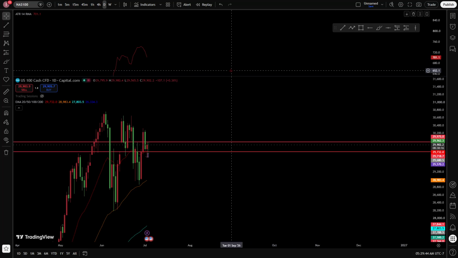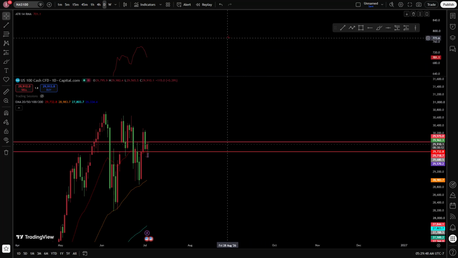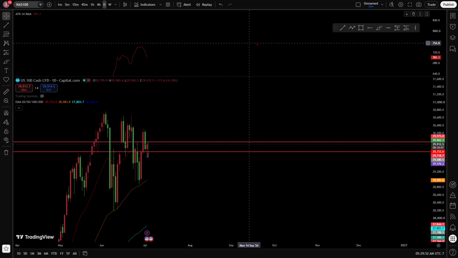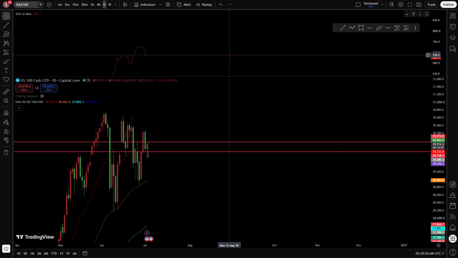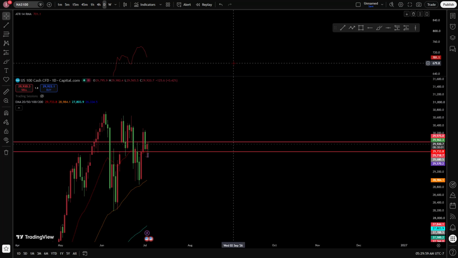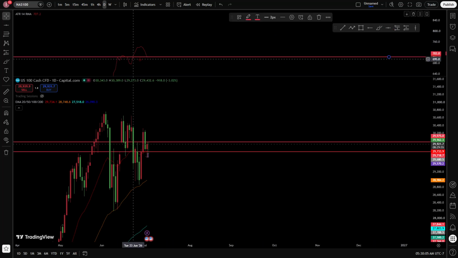Having more than three biases builds your odds way more than having just one confluence. It's good to have three confluences when it comes to finding entries per trade. But we see here price is tapping at this low.